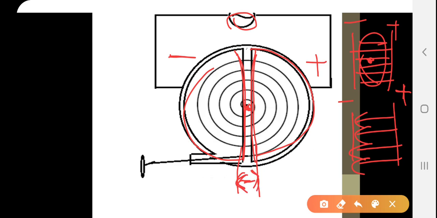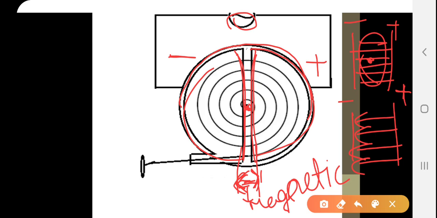Only in this gap there is an electric field, but there is a magnetic field everywhere. This electric field is perpendicular to the magnetic field, because below this diagram and above this diagram there is a magnetic field.